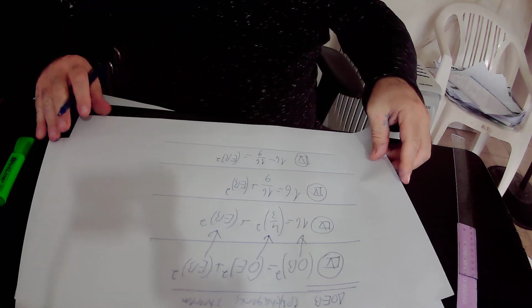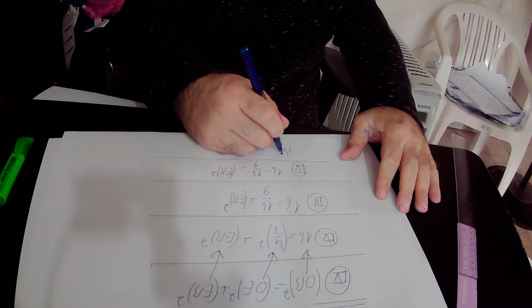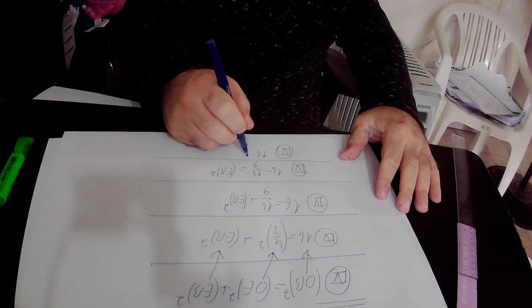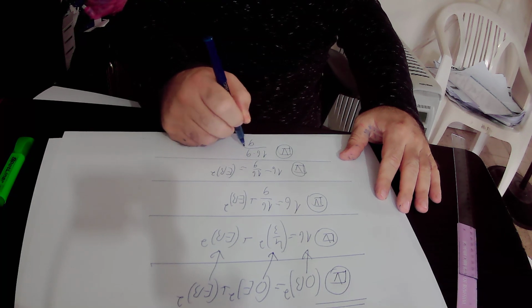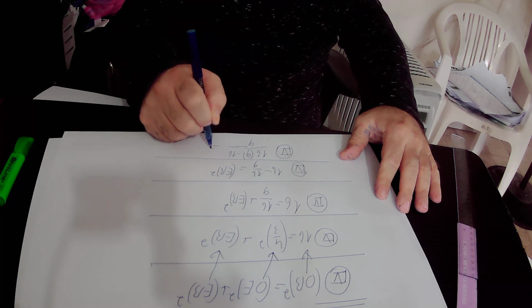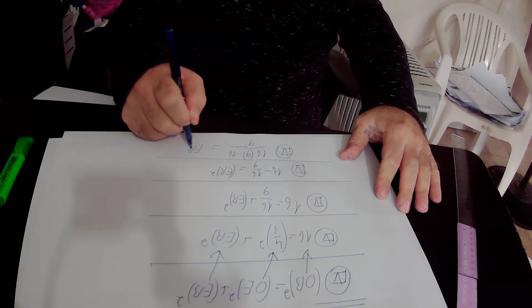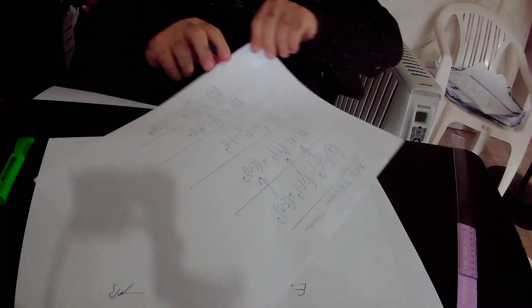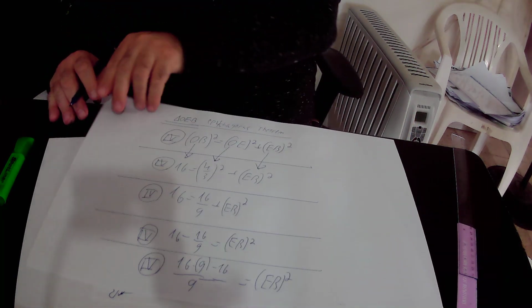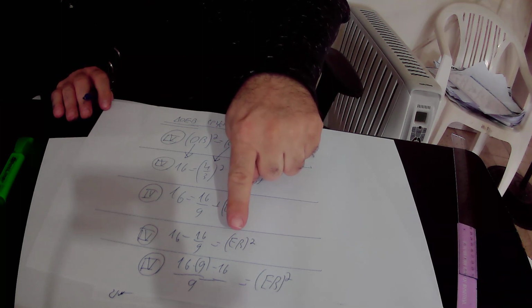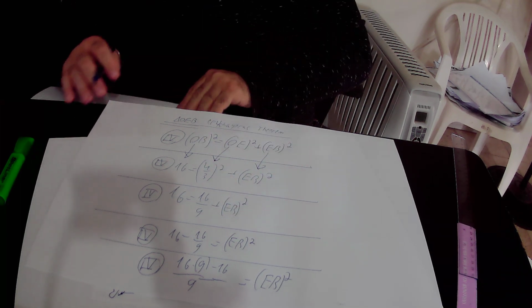So we will get 16 times 9 over 9 minus 16 equals EB square. So here 16 times 9 minus 16 is 16 times 8, so I write it down.